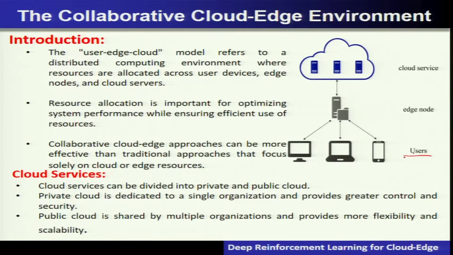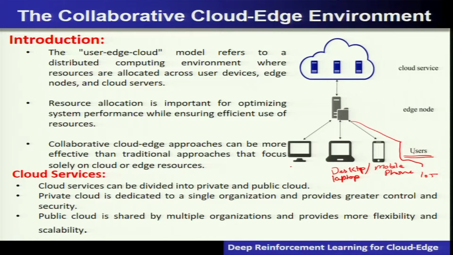Now, here come the users. Users are of different nature. For example, it is a mobile phone as a device, we can say that this is the user, or it is a desktop, or a laptop, or it can be any IoT device as well.